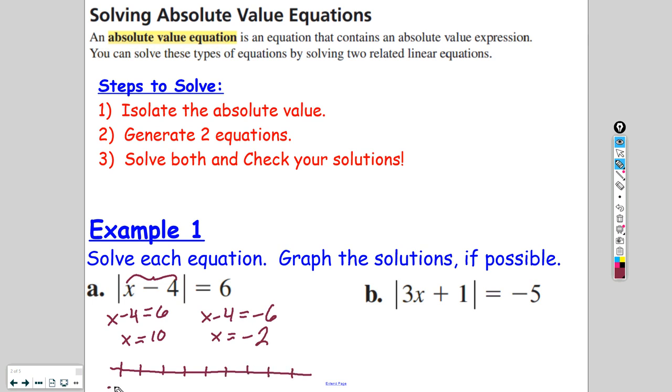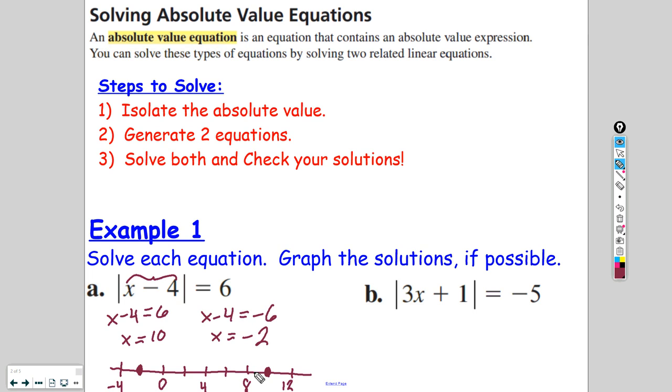Let's say that this is negative 4, so that's negative 2, 0, 2, 4, 6, 8, 10, and then 12. We're just going to put a closed-in circle where our solutions are. So our two solutions are 10 and negative 2, and that's where they are on the number line.